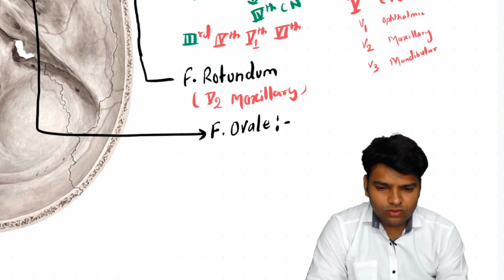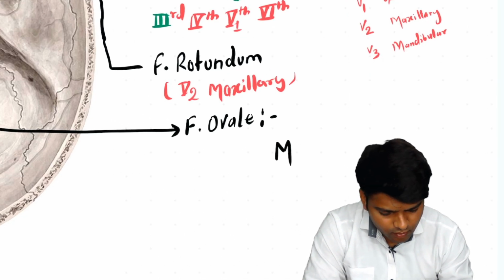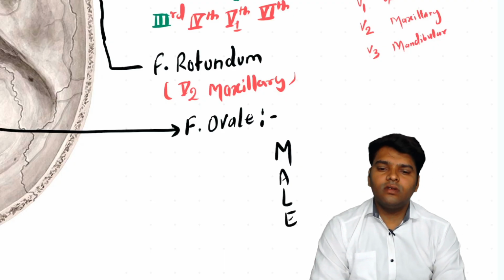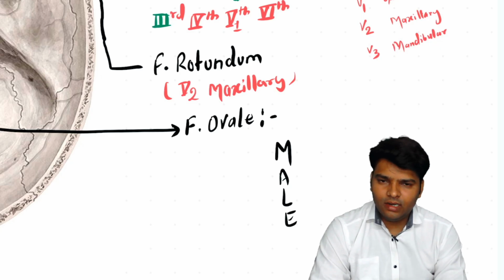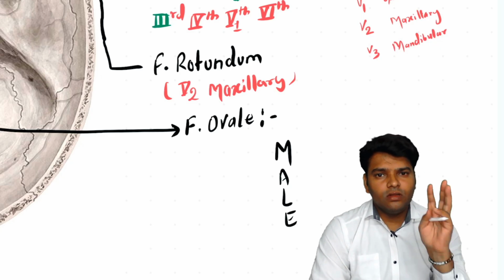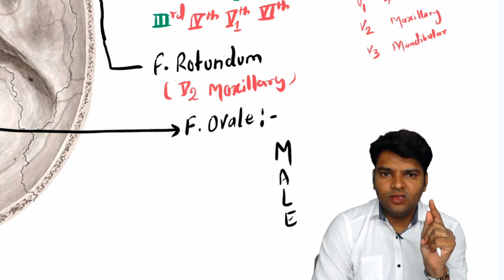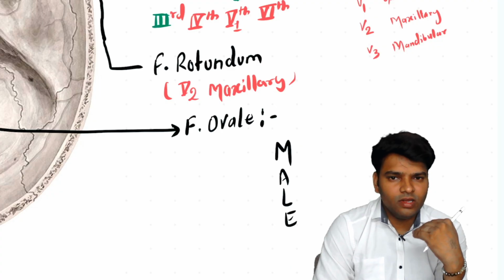So I will tell you something. Ovale means male. Ovale, male. This is the mnemonic to learn which structures pass through the foramen ovale. I have already told you about the branches of the fifth cranial nerve. The first is the ophthalmic nerve, which passes through the superior orbital fissure.